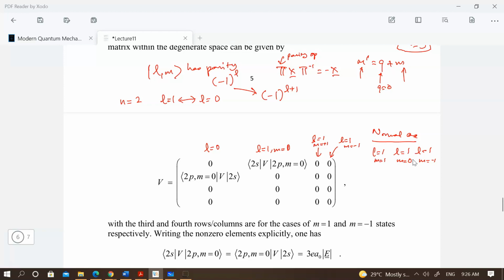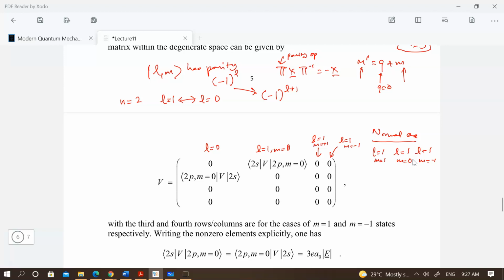But in this particular case, we want to use this instead, simply because we want to make the potential matrix element look like something that we already know before. Okay, so let me explain this in a minute. What we have over here, the rest are all going to be zeros.